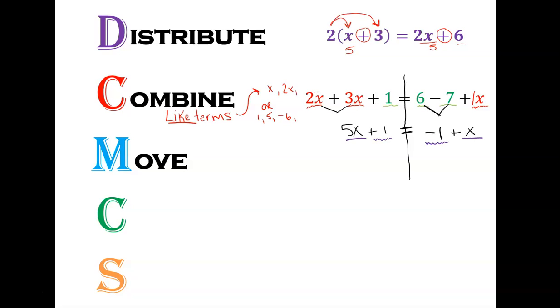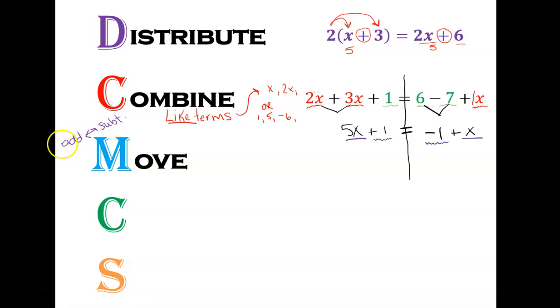So we move things around using the rules that we talked about yesterday, kind of those basic rules of math, that if you want to get rid of something, or if you want to move it away, you use the opposite operation. So by opposite operation, I mean something like if there's an addition, we're going to do a subtraction.